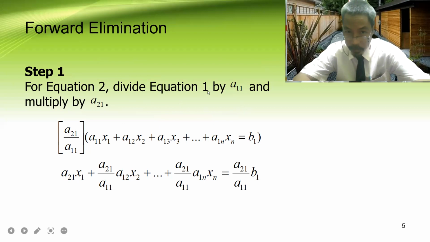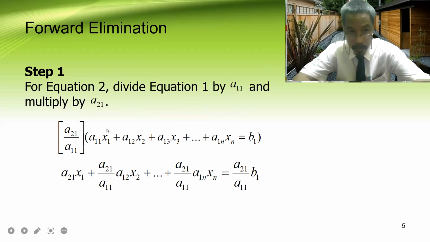So divide equation 1 by A11. So this one, A11. A11 is equal to the first coefficient of the first variable of the first equation.